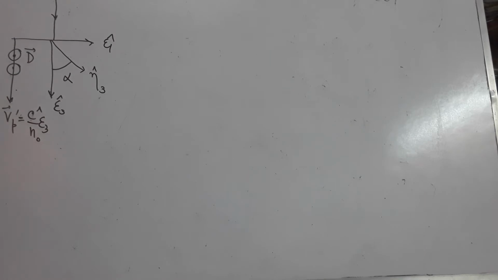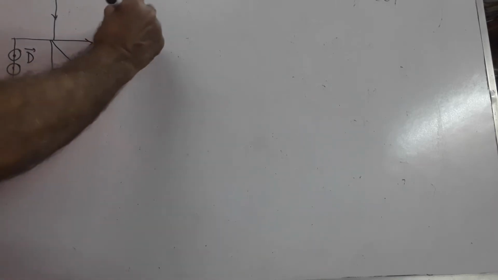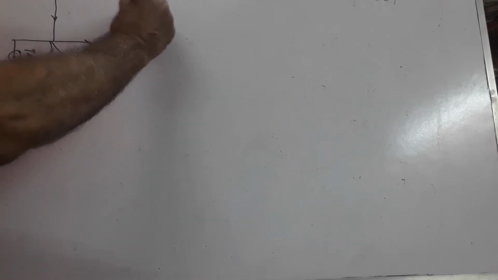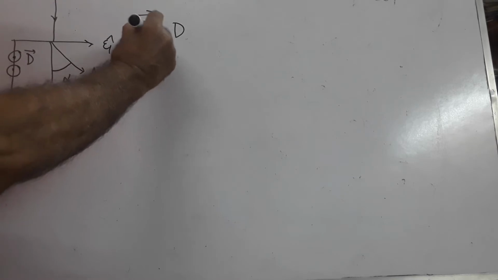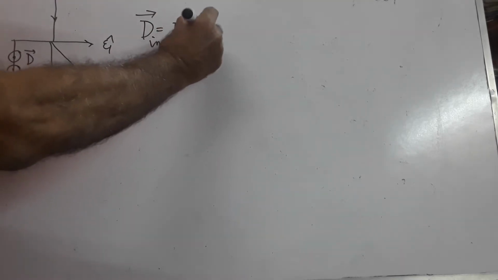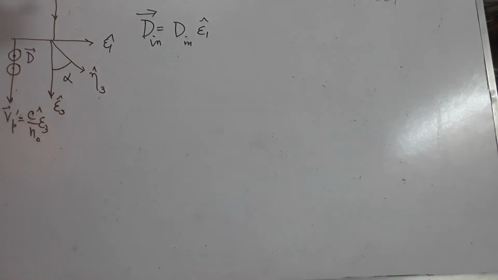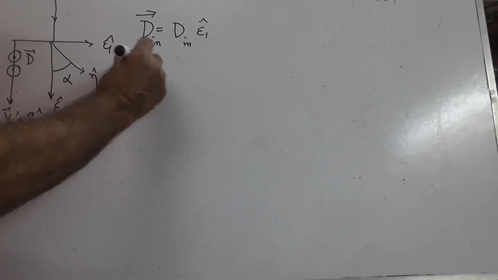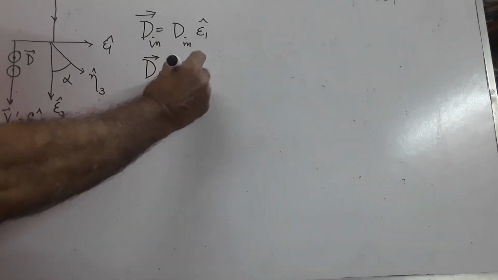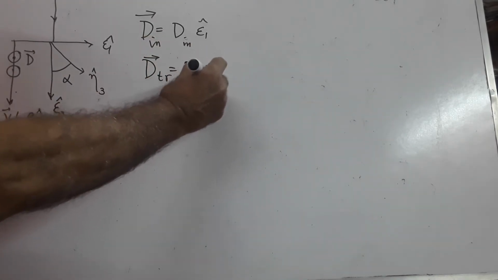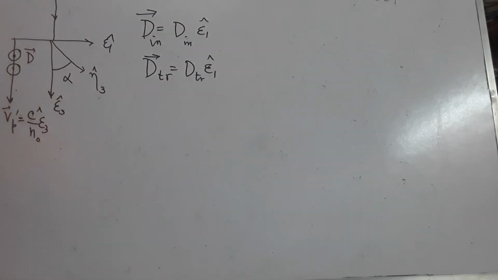Now let us consider the interesting case when D is along epsilon 1. The same argument that I used for D along epsilon 2 is now valid, and I have D transmitted equal to D transmitted epsilon 1.